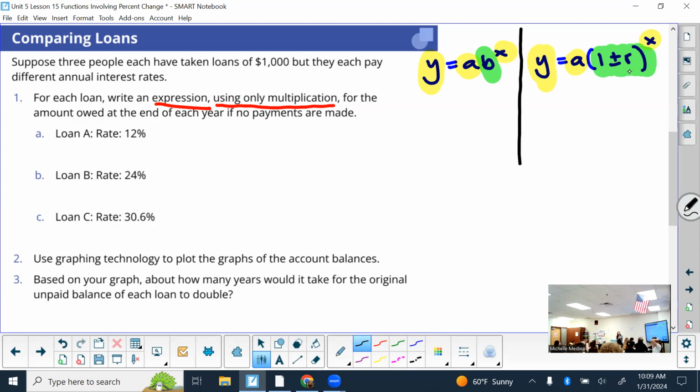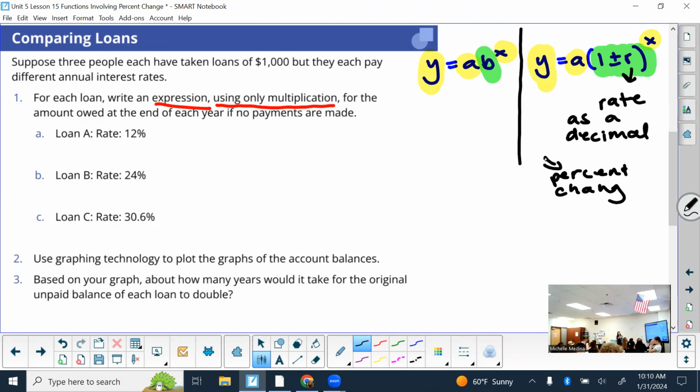What does the R stand for? Okay, so it's your rate as a decimal, which you get from a percent usually. So you'll want to use the second equation when there's percent changes involved. So increasing or decreasing by a percent like it has been lately.